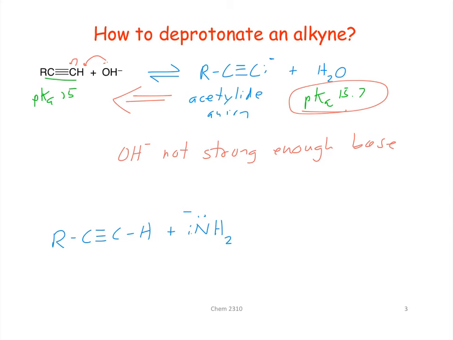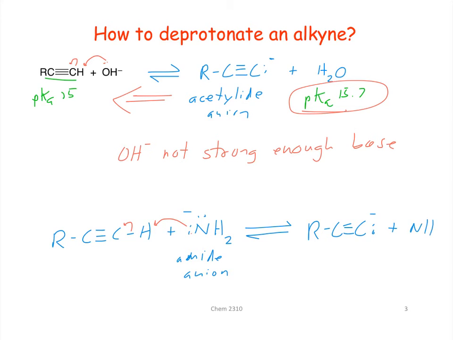This is called the amide anion. Let's see what happens when we use that as a base. One of those pairs is going to react with the proton, and those electrons go back onto the carbon. We get our acetylide anion plus, what do we get here?